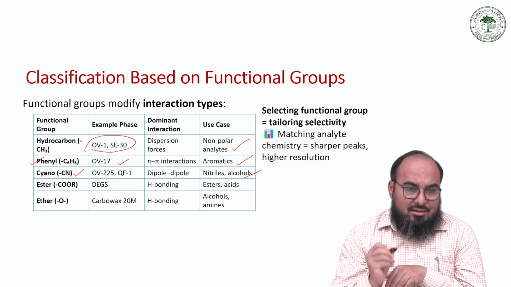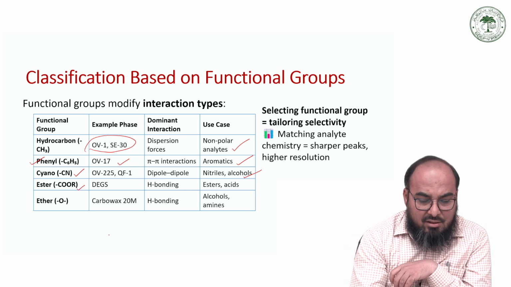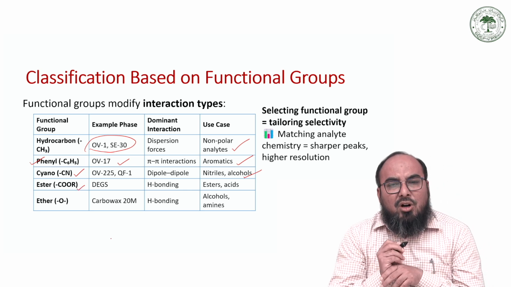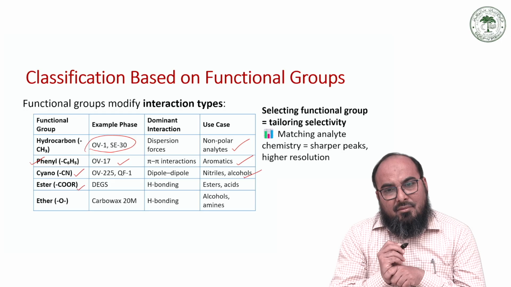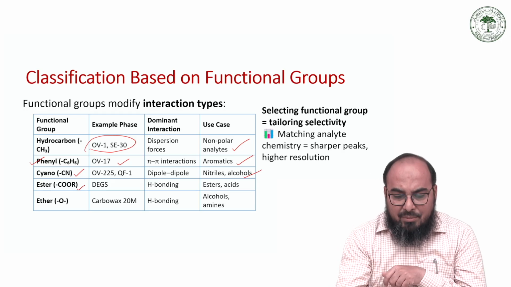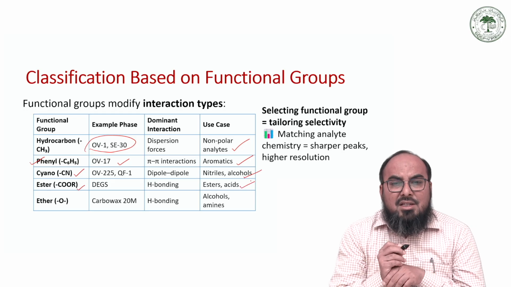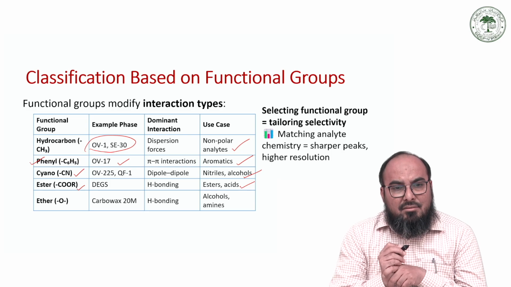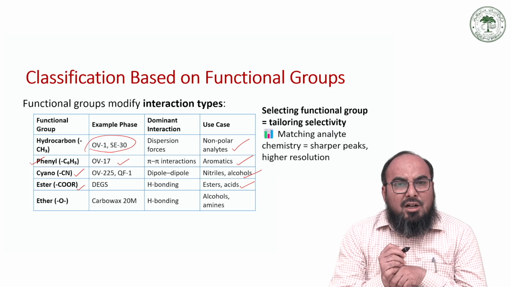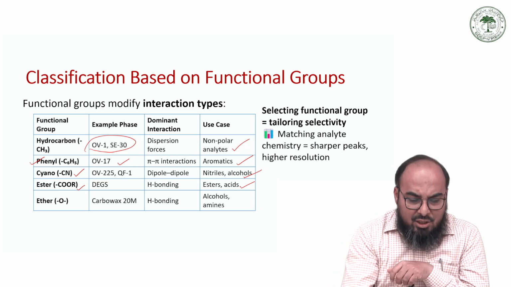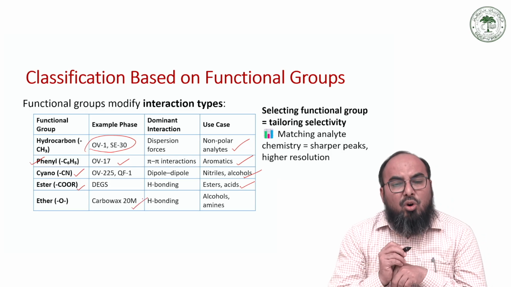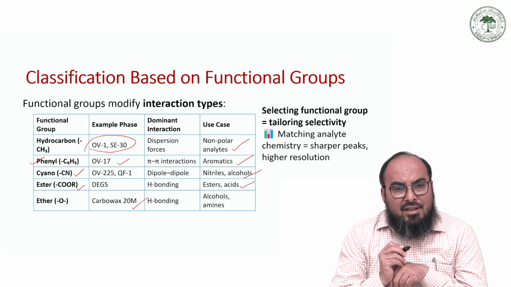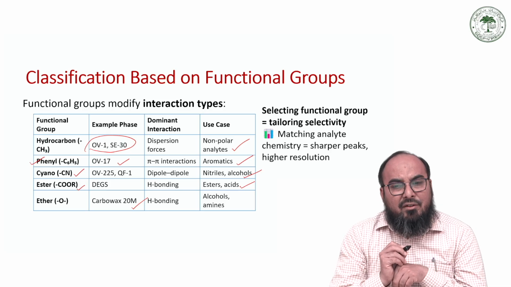Similarly, ethers and esters. Here, hydrogen bonding actually becomes dominant, and again, it is good for separation of esters and carboxylic acids. Similarly, if you have an ether linkage and the two arms are not balanced, then you can separate it on some polar resin or polar stationary phase, and again hydrogen bonding is effective here.